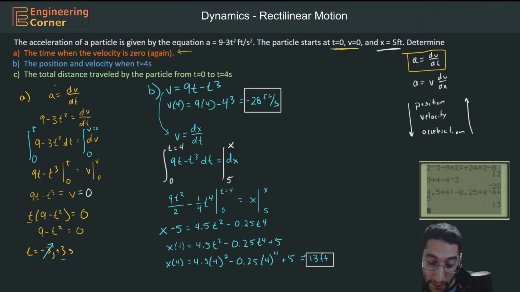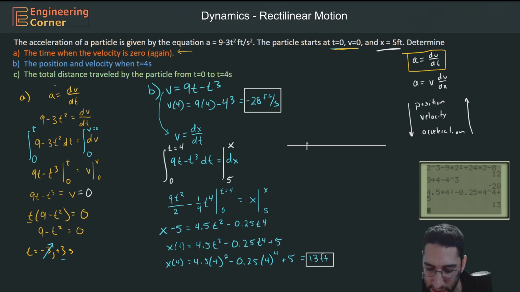Okay, and then finally, we just need to figure out the total distance traveled by the particle from t is equal to 0 to t is equal to 4. And again, we need to figure out our position every time our velocity is equal to 0. So we have a starting position. We don't care that our velocity is starting at 0, but we just need to know what our starting position is.